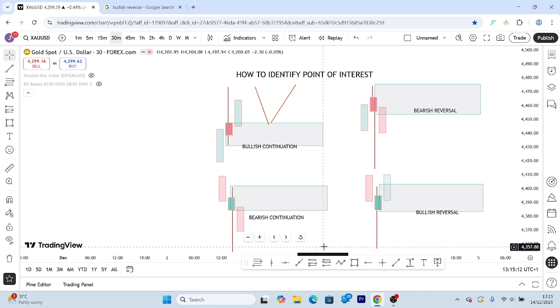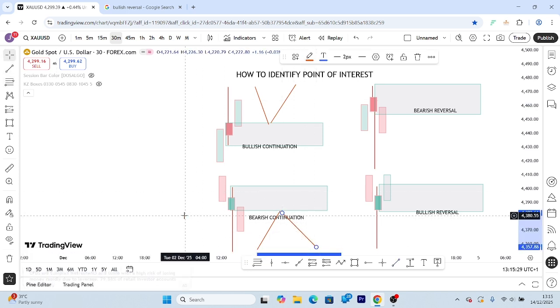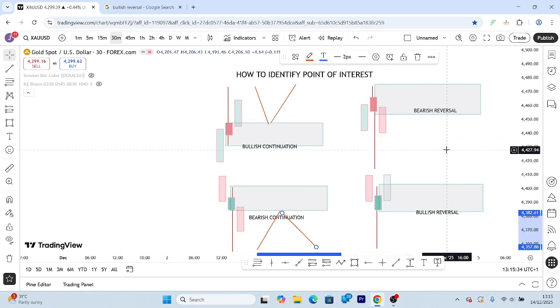So every time price is coming from this place, it doesn't test from here, it always comes to this body and then reverses. The same applies with this one also. So this is how to identify your point of interest.